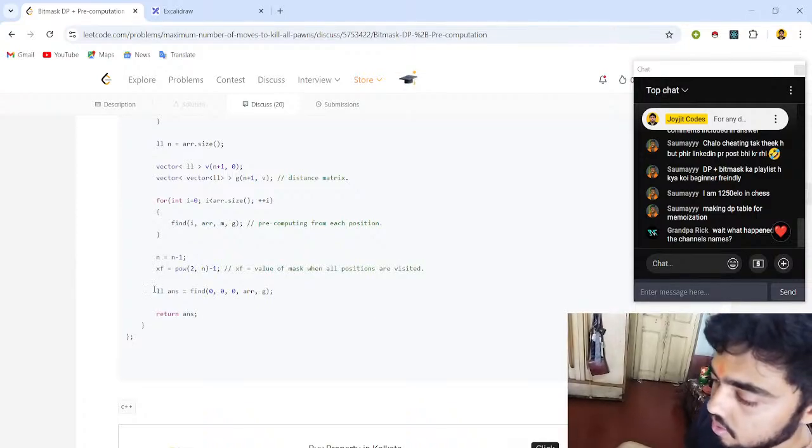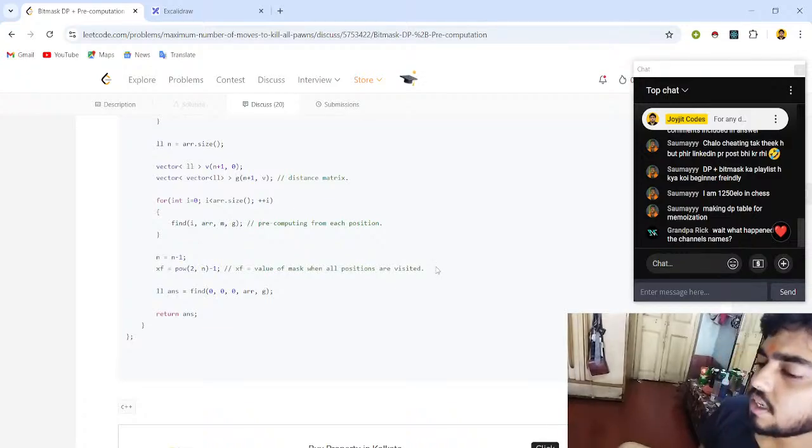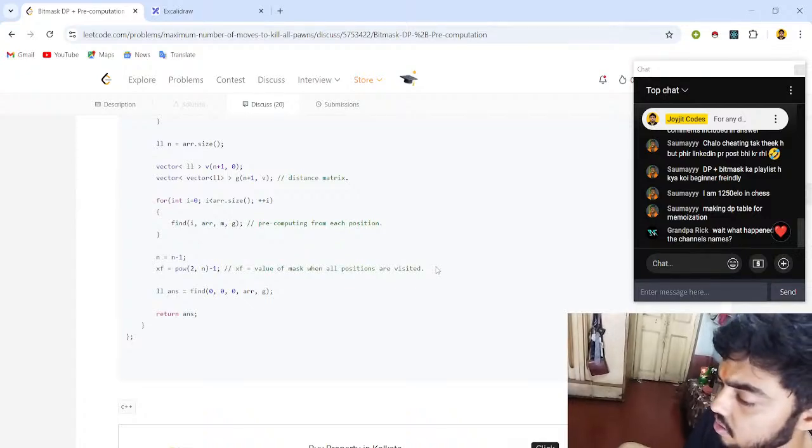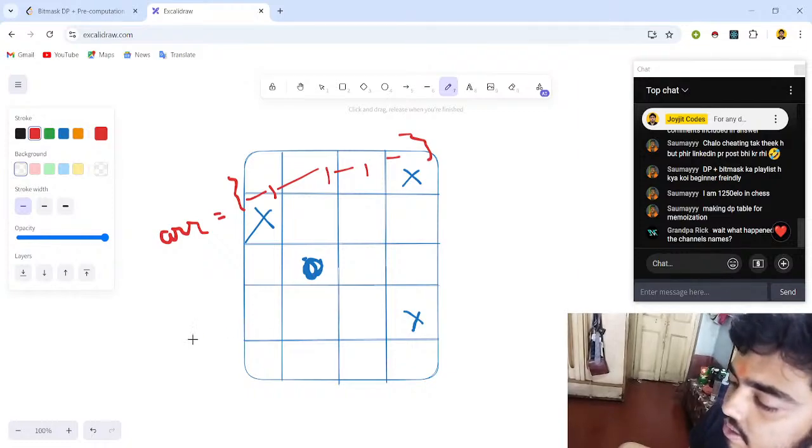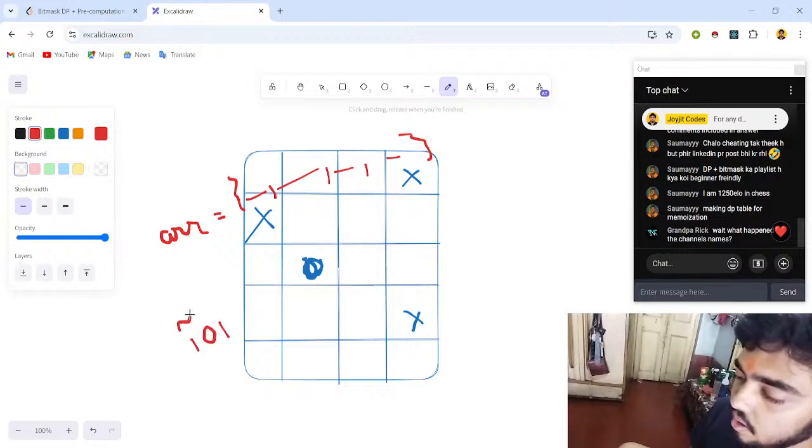Okay, so xf is equal to 2 to the power n minus 1. That is basically saying that all the positions have been visited. Remember, whenever we go for bit masking, let's say we have the binary form of an element, like 1 0 1, which is of size 3.